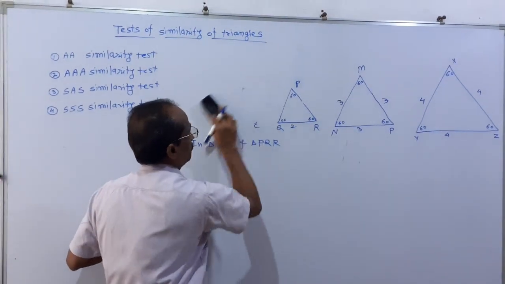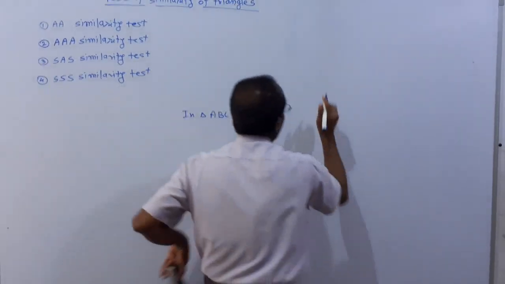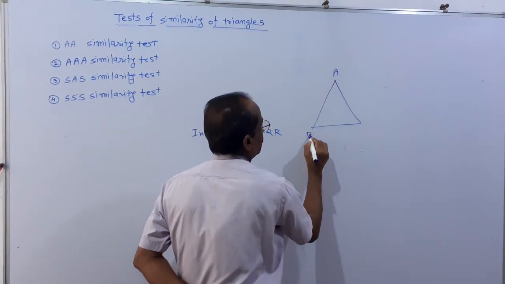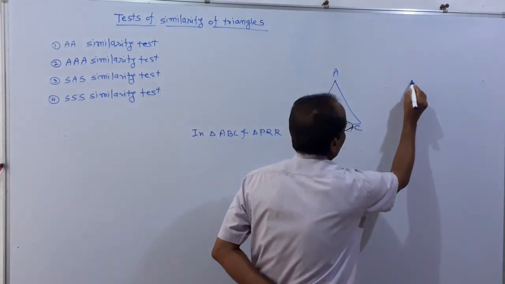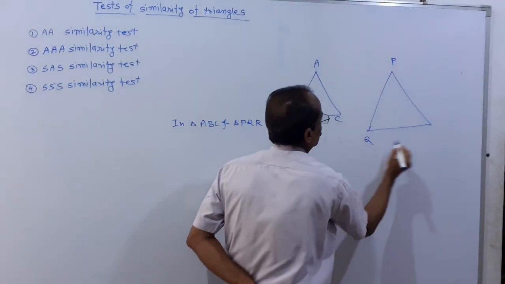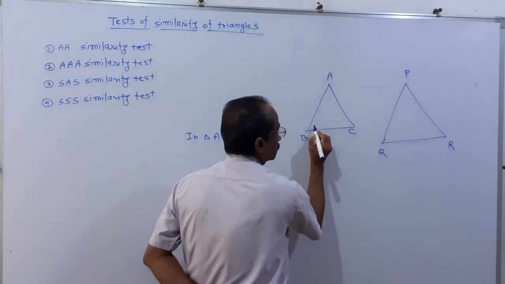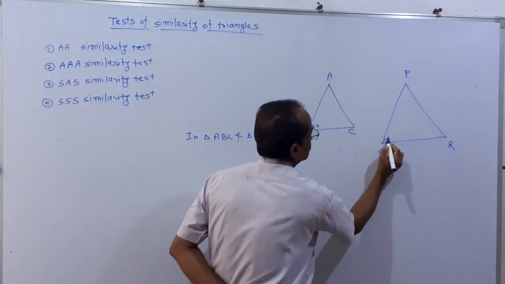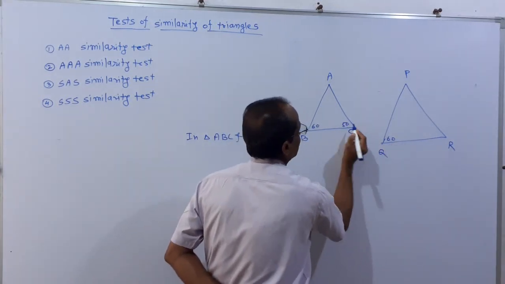We will take a fresh pair of triangles, triangle ABC and triangle PQR. The measure of this angle is 60 degrees, this is 60 degrees, and this is 50 degrees.